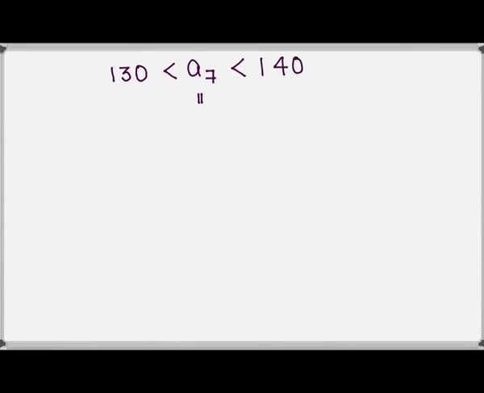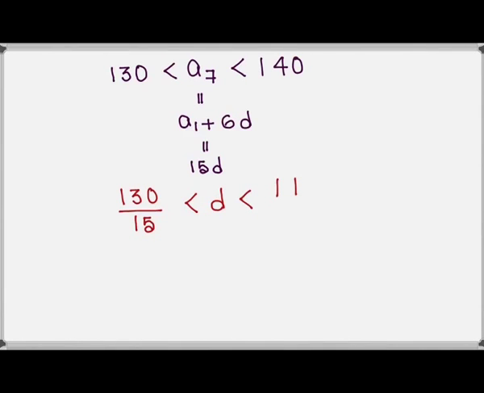Now A7 is A1 plus 6D, and as A1 is equal to 9D, we get A7 is equal to 15D. So therefore we have 130 divided by 15 is strictly less than D, and D is strictly less than 140 divided by 15. So we get this inequality.